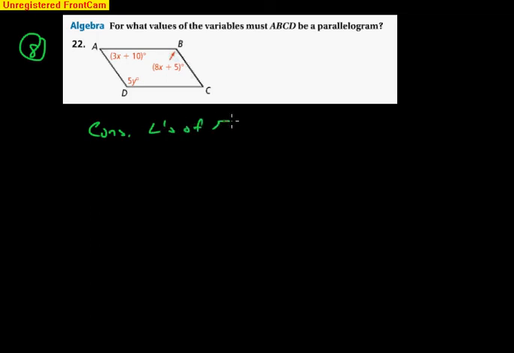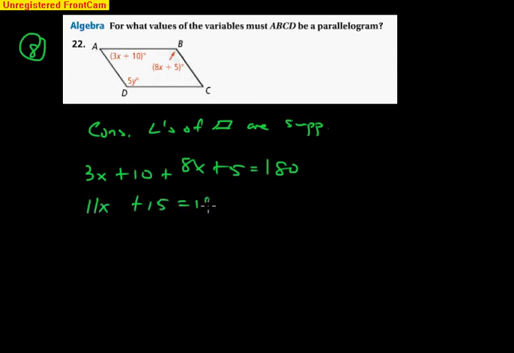Consecutive angles of a parallelogram are supplementary. So angle A and angle B better add up to 360. And that's exactly what I'm going to do. 3x plus 10 plus 8x plus 5. Not 360, I'm sorry, equal 180. Supplementary, equal 180.